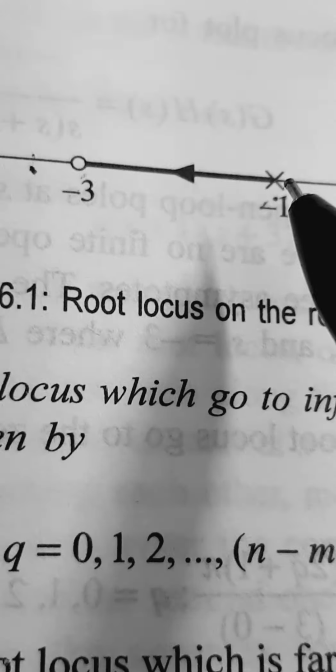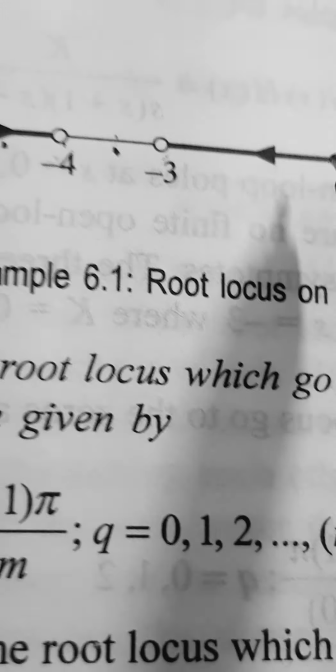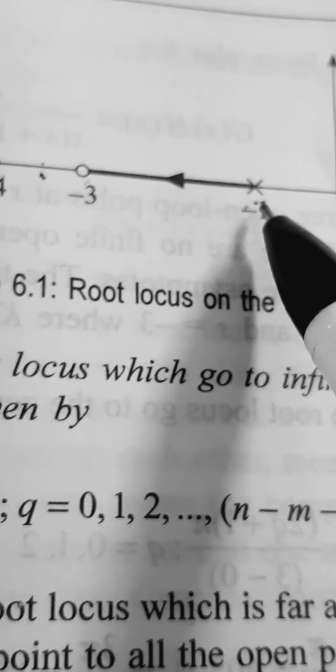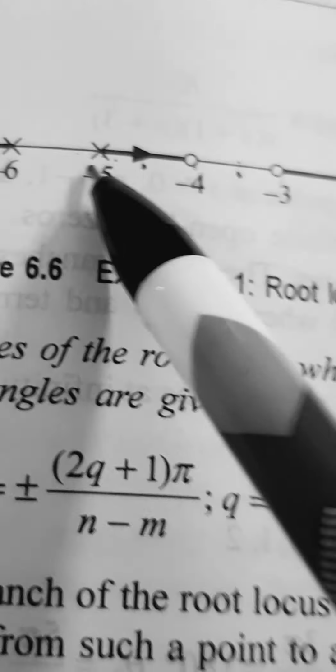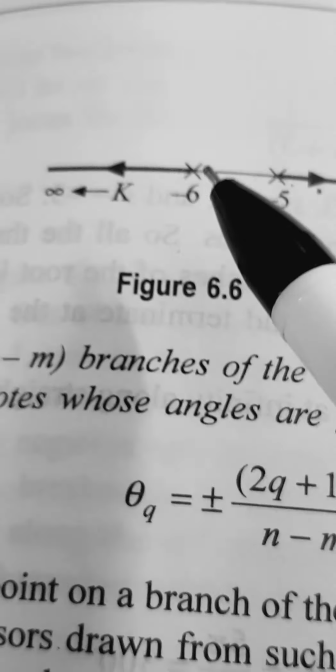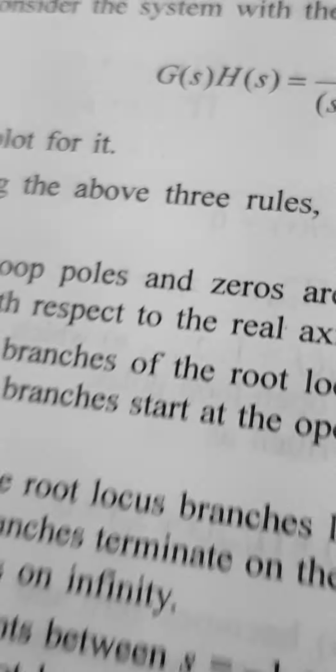As you can see, the root locus starts from this pole and ends here. This pole starts from here and ends here. For this pole there is no corresponding zero, so it will end at a zero at infinity.